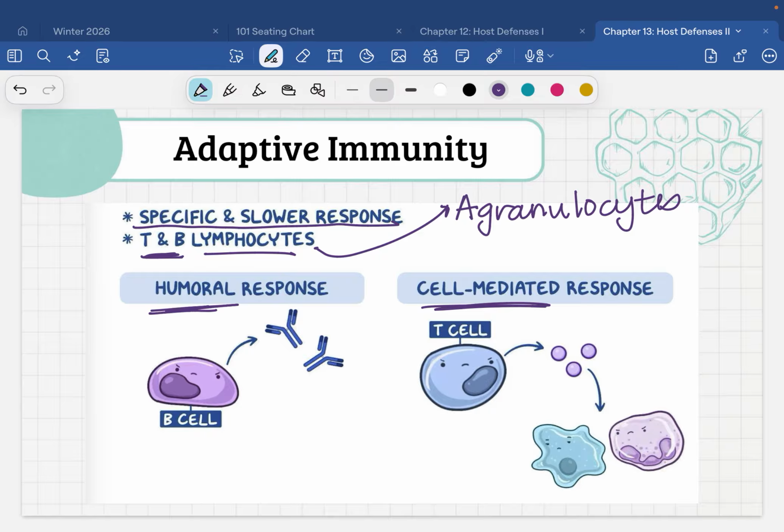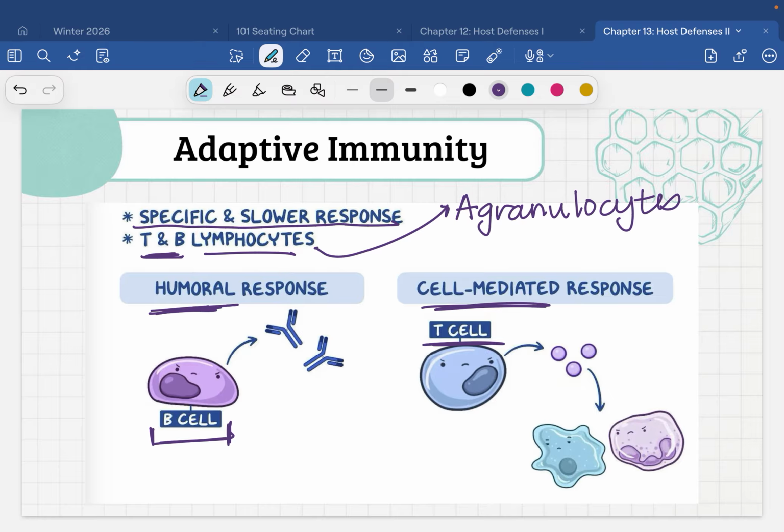And the humoral response has to do with the B cells. So the B lymphocytes, also known as B cells, are going to control the humoral response. And the T cells are going to control the cell-mediated response.